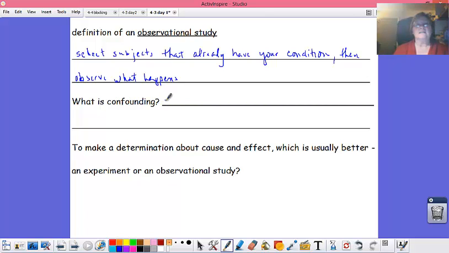So confounding is basically when two or more possible influences are mixed up in such a way that you can't tell which of them is really having an effect. When two or more possible influences are mixed up in such a way that you can't separate their effects.